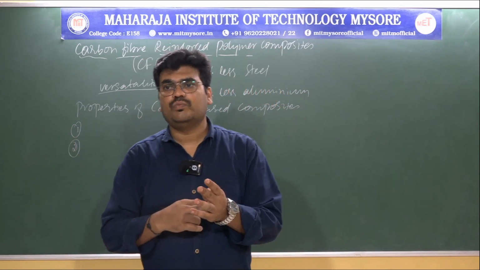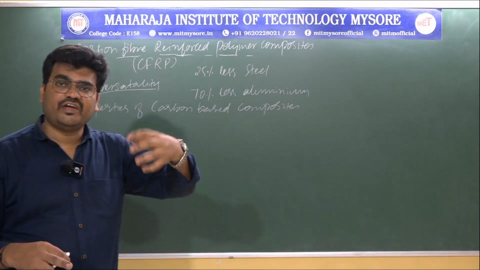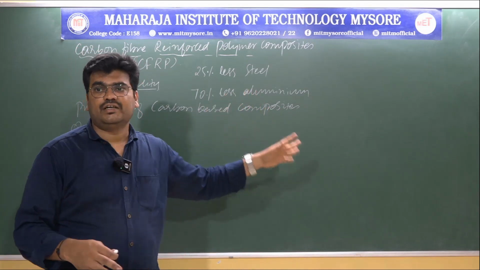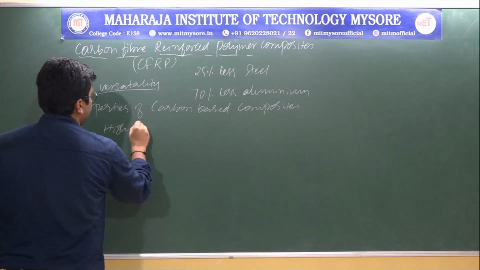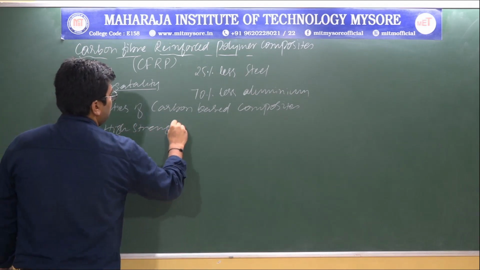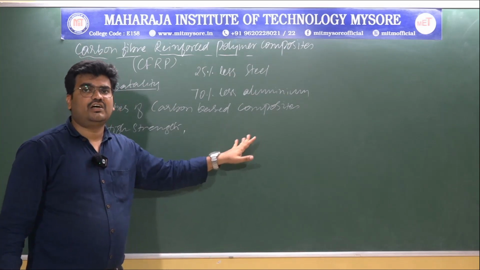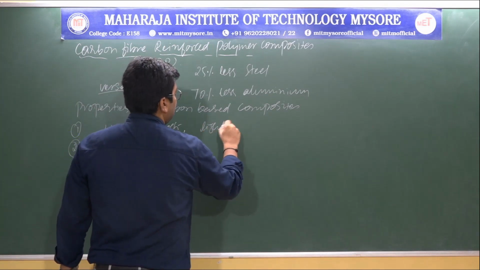So you can list out high load bearing capacity, low density. They are much stronger, but their weight is much lesser than that of these metals, as I said. And then high toughness, high strength, highly rigid, high hardness, and it is very light, that is lightness, called low density.